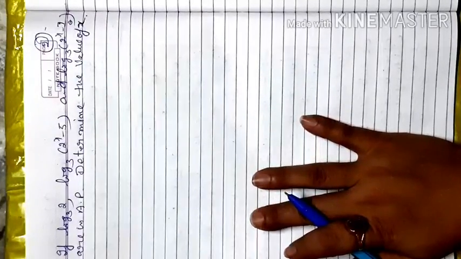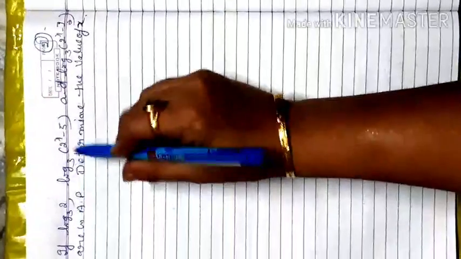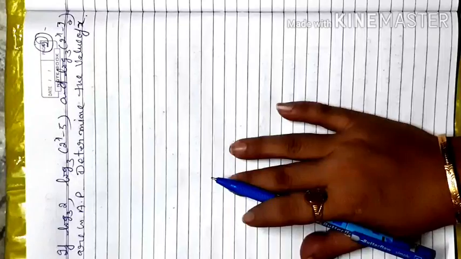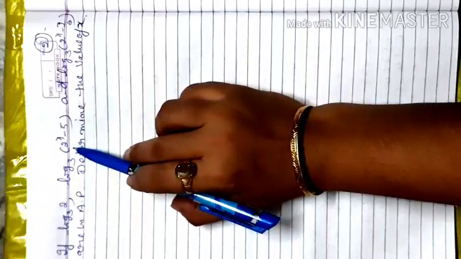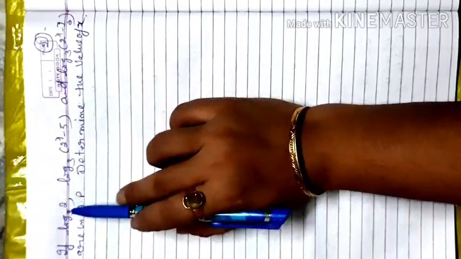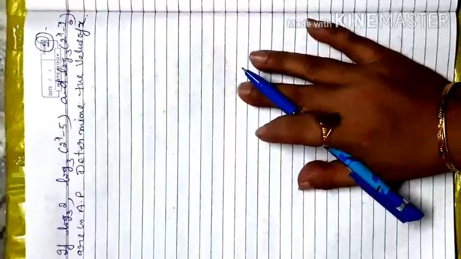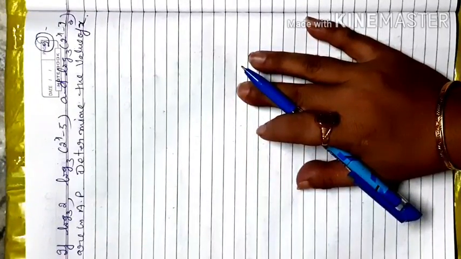So now what you will do, first, if it is given that these three terms are in AP, you have to go with the AP condition formula, that is 2 times the middle term. Just I told you that 2 times the middle term is equal to the sum of the first and the third term. If this condition is true, then your terms are considered to be in AP.